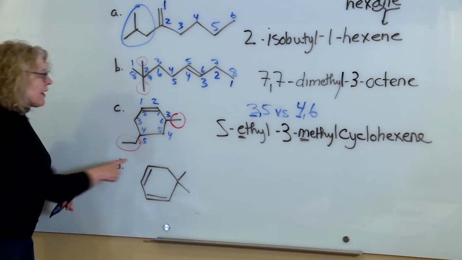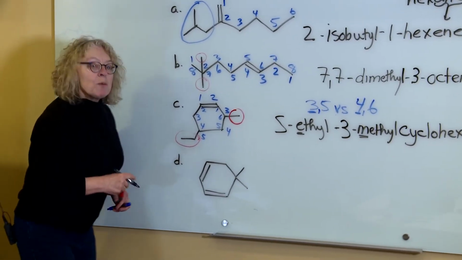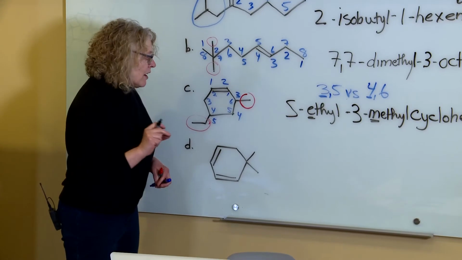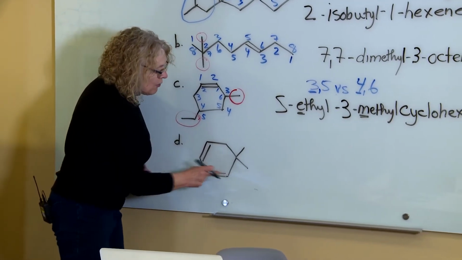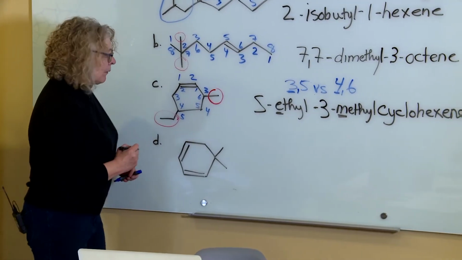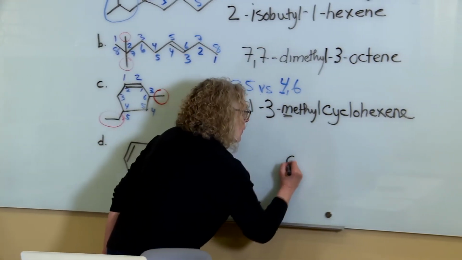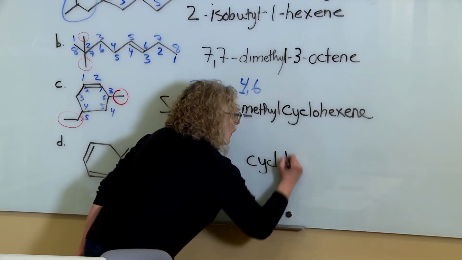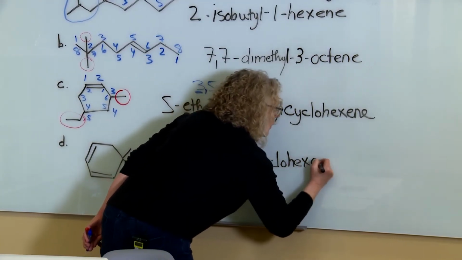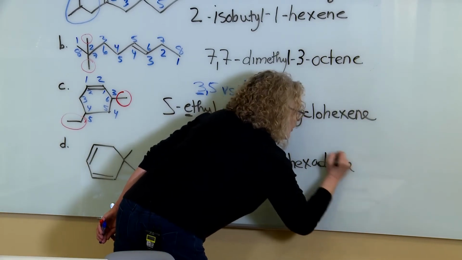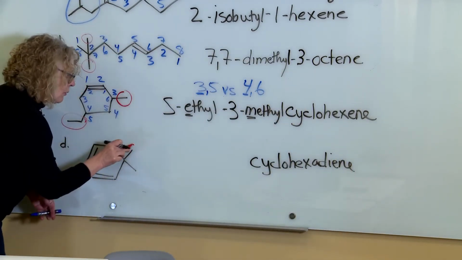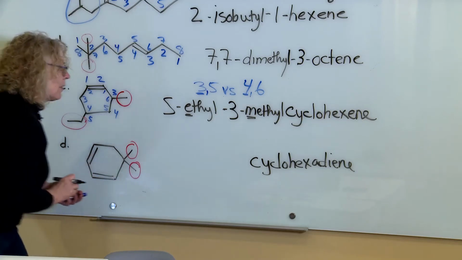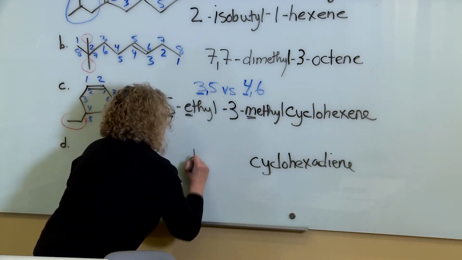It's very common to have two double bonds. And when you do that, you pay attention to having the double bonds have the lowest possible number. So this is a cyclohexadiene. And you can see the two methyl substituents. So this is a dimethyl cyclohexadiene.